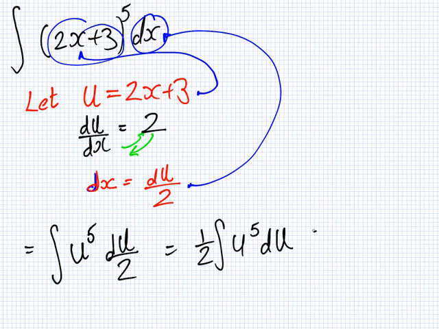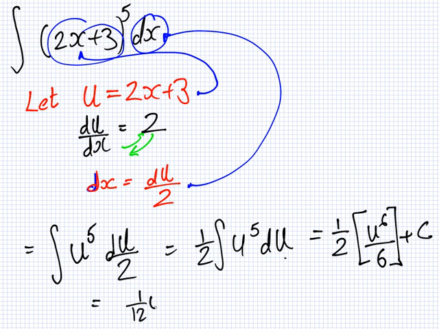What is the integration here? What is the integration of u^5, and u is the variable? u^6 over 6, plus c. So this equals 1/12 u^6 plus c.